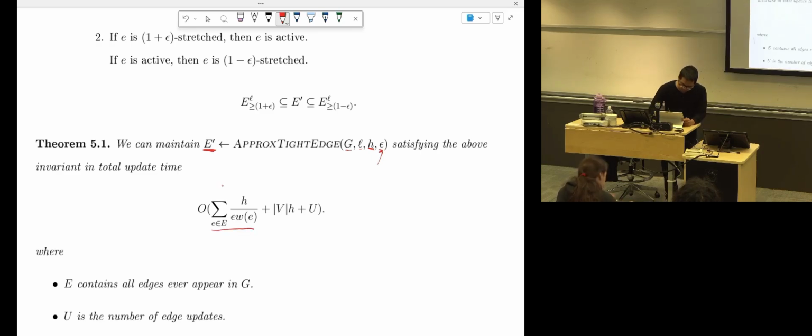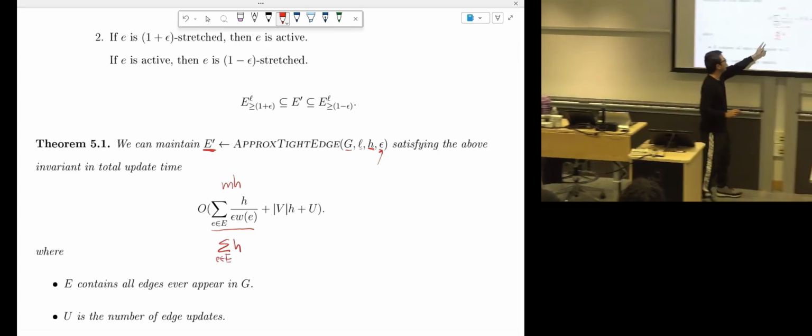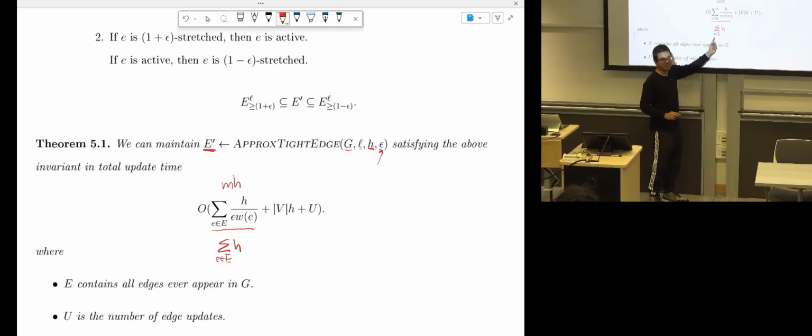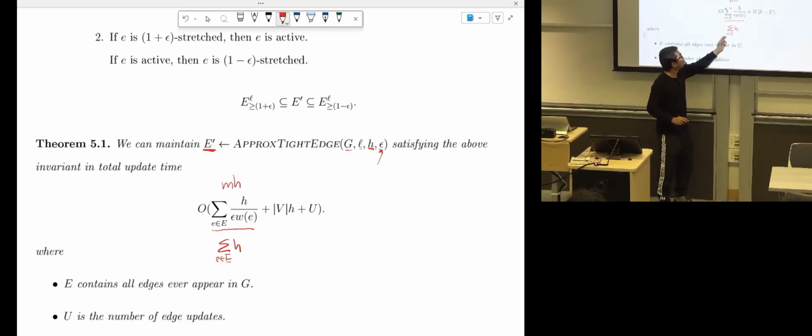So this used to be MH, right? It used to be the sum over all edges of H. Basically, we used to just pay H per edge. But now, for each edge, we're going to pay H over epsilon times weight. So the higher the weight of an edge is, the less we pay. Okay. That's the first term.